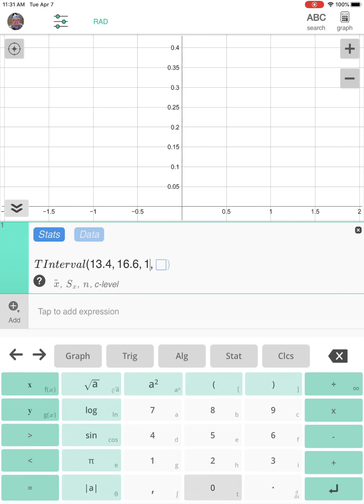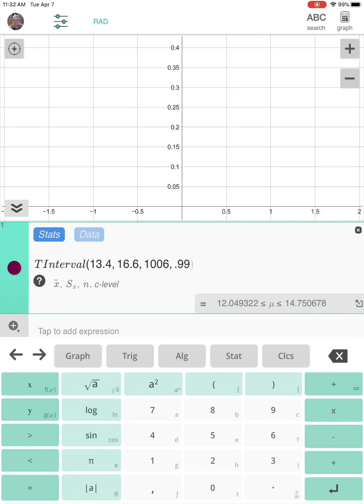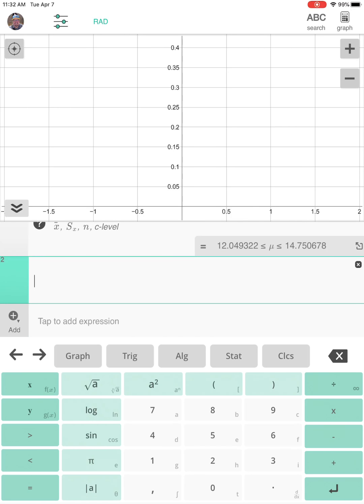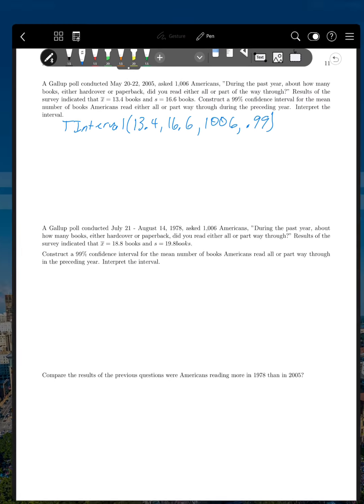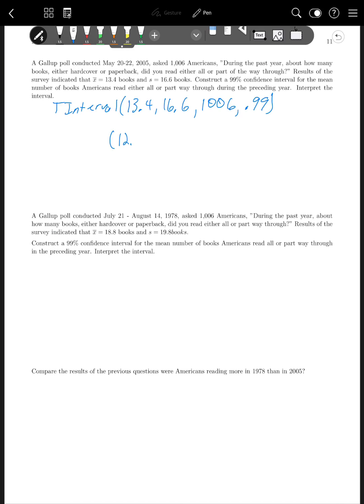Okay, so we can go to our calculator and put that data in. So our data once again was 13.4, 16.6, 1,006, and 99%, so 0.99.